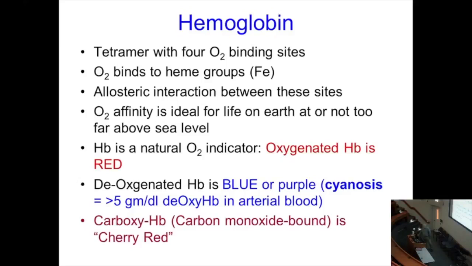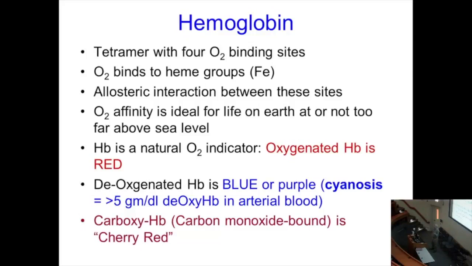So if you have a large amount of deoxygenated hemoglobin in your arterial blood, not in your venous, but in your arterial blood, we call this cyanosis. Okay, cyan is kind of a blue color, which computers seem to like. So cyanosis means that your nail beds, your lips will be kind of bluish.